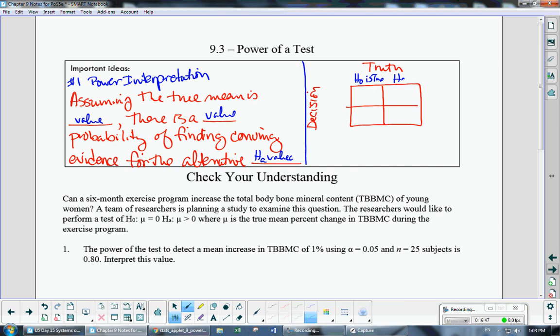Decision in the top box is going to be, we're going to reject the null hypothesis. And the bottom ones, we say we fail to reject the null hypothesis.